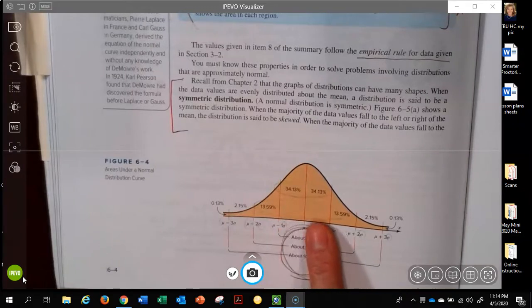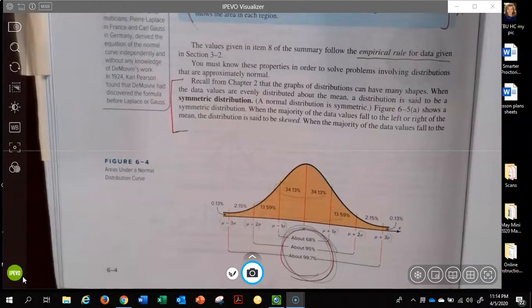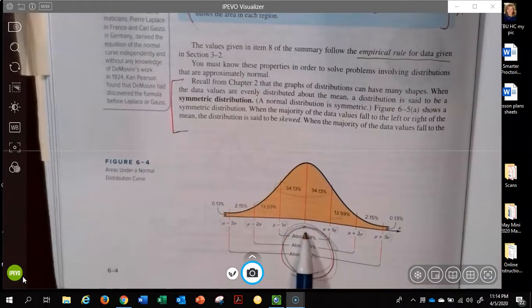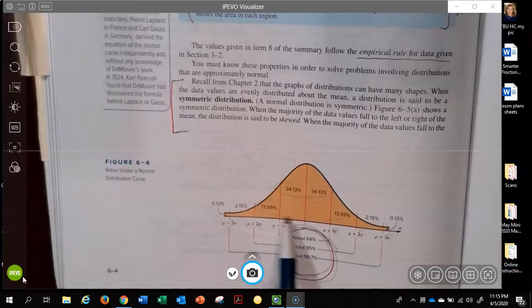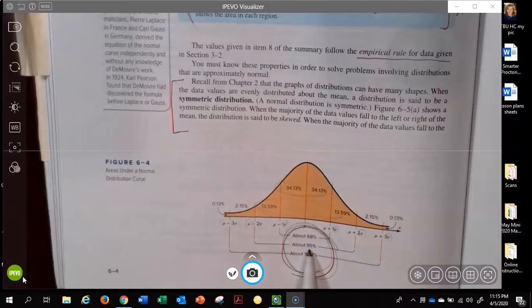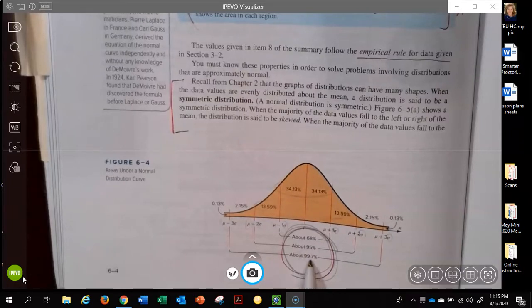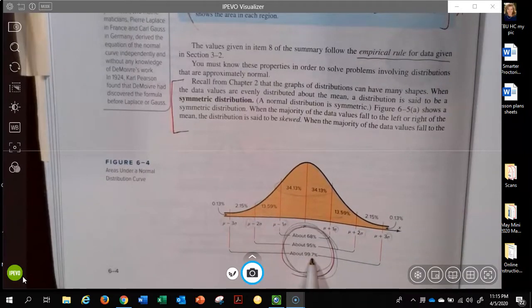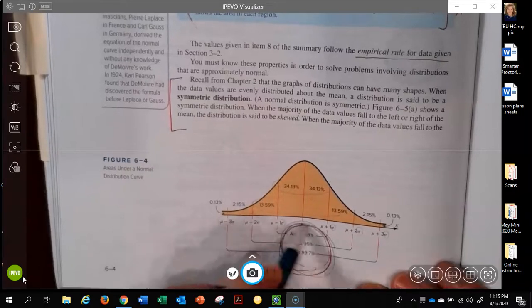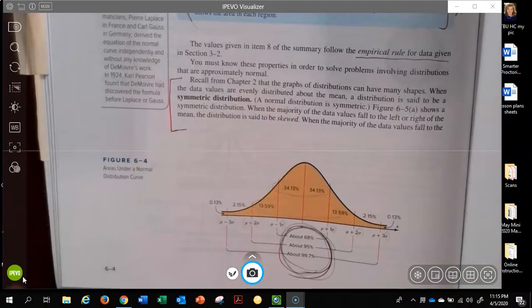When we are 1 standard deviation on each side of center, of the median and the mean and the mode, in this case the mean, you have about 68% of the data values. If we go on out 2 standard deviations, negative direction, positive direction, we get about 95% of the data. And then 3 standard deviations, about 99.7.